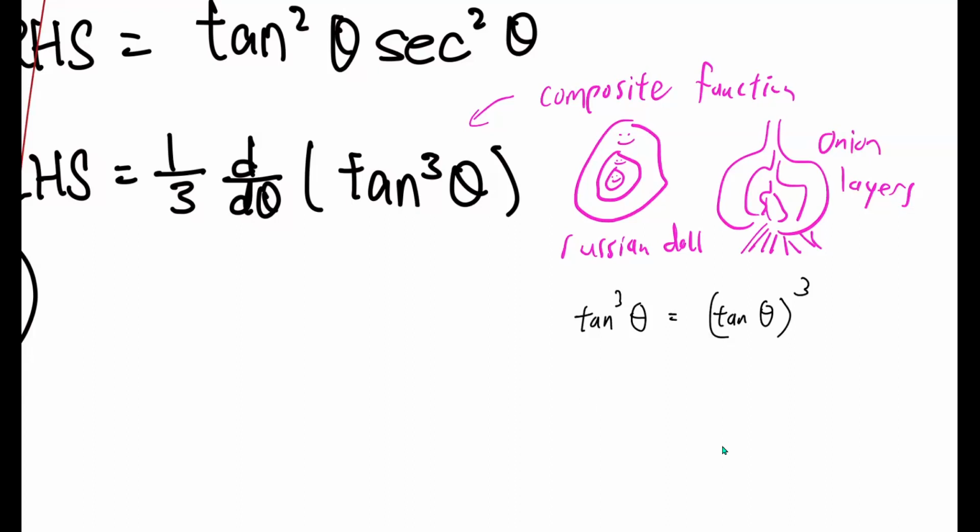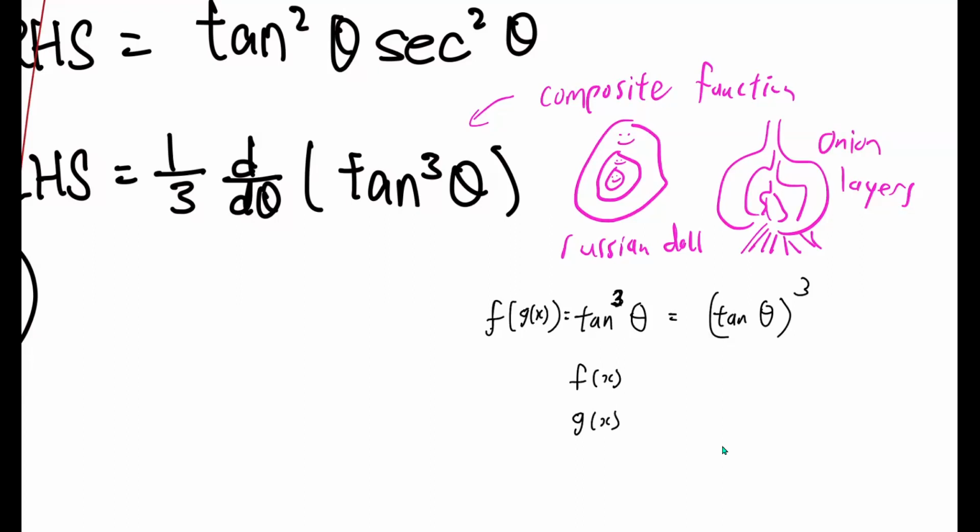Or if you want to express this in f of x notation, there's an f of x, there's a g of x, then this is f of g of x. What is f, what is g? Did you mean cube?